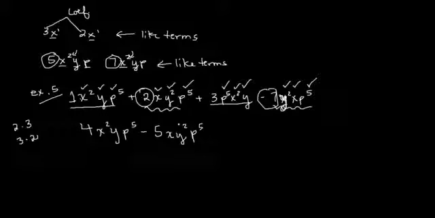And we're going to do one more example, and then we'll be done with the video. You guys can try this one yourself. This is example 6. This is quite long, so you probably want to stop the video just to copy it down. Add like terms.